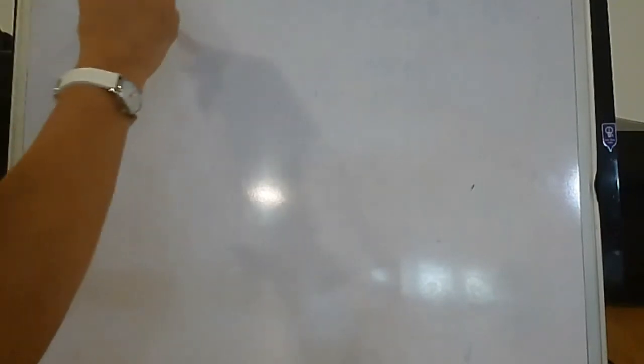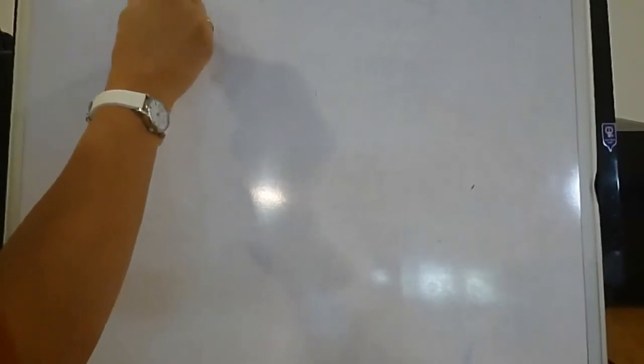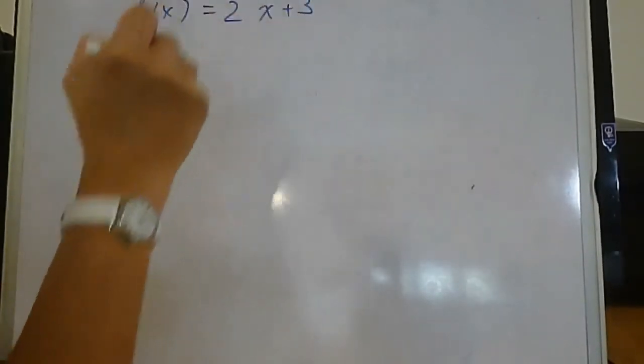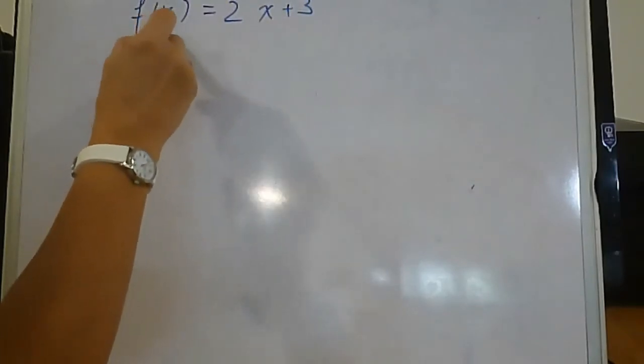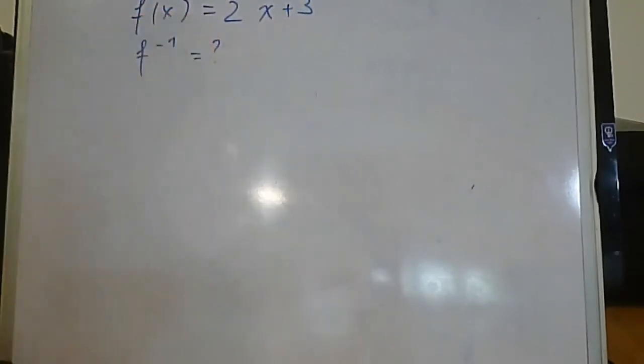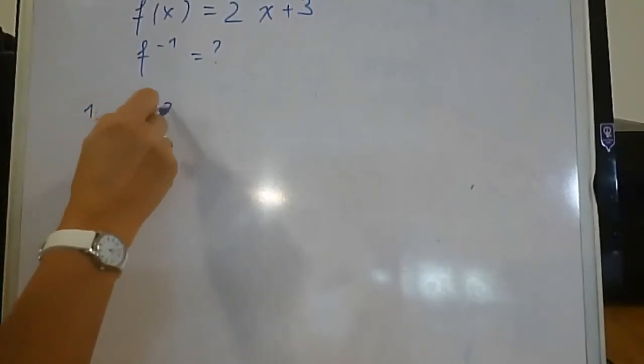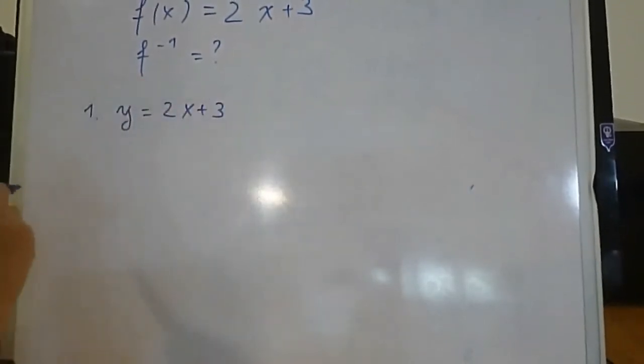Okay, and the next piece of information from this section is how to find inverses of trigonometric functions. Let's first review how to find inverses in general. For example, somebody gives us a function f of x equals 2x plus 3. How do we find f inverse, if it does exist? Well, the steps are: 1. Set up y equals 2x plus 3.